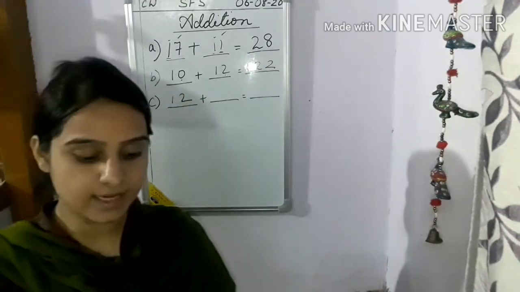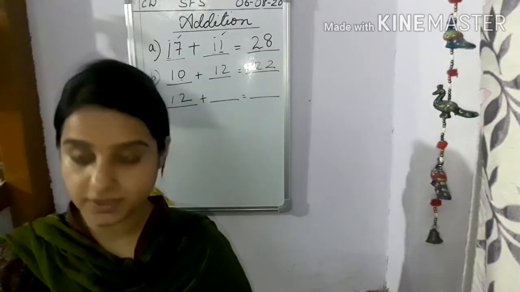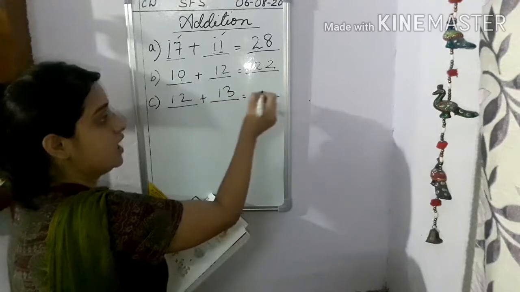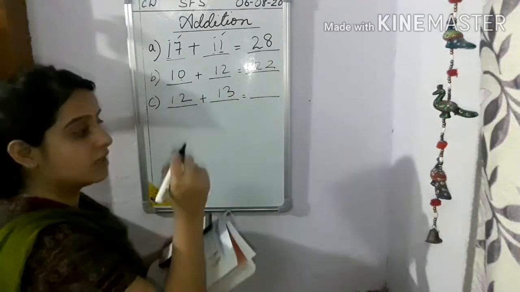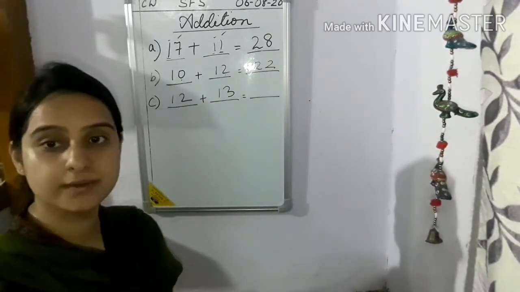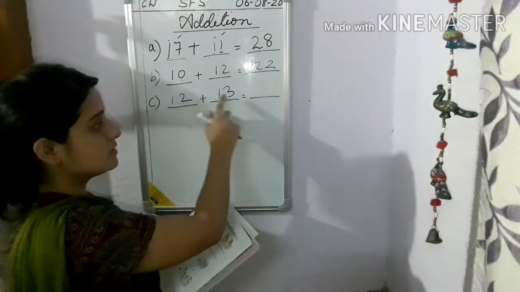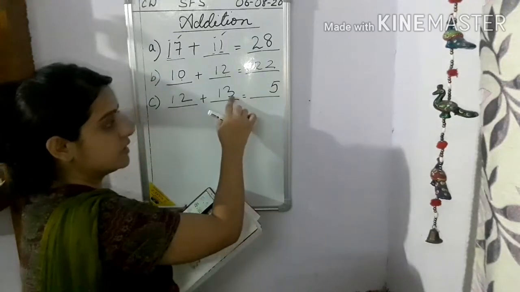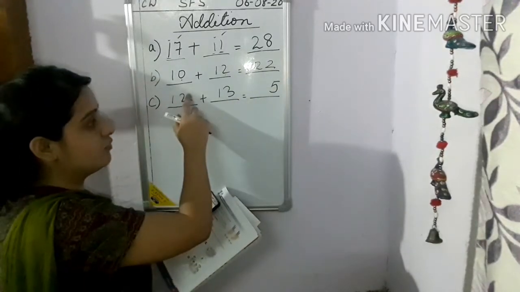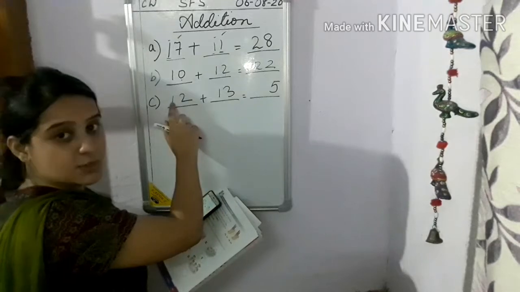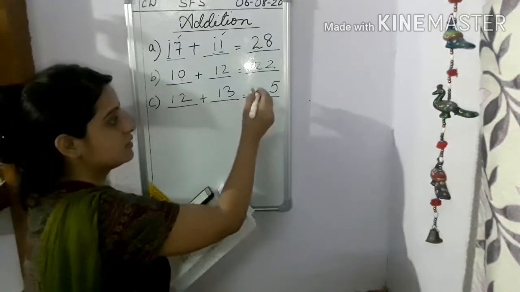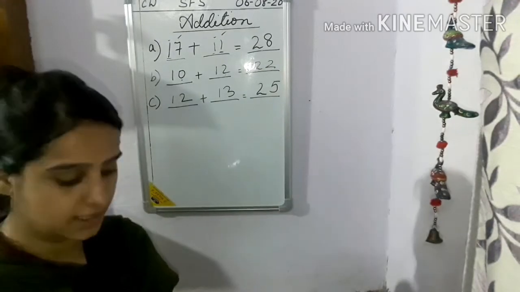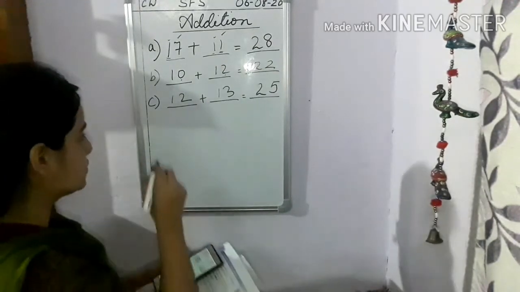Plus, then how many faces are there, children? 13. Total, how many faces will be here? Write down the answer in the book, children. 2 plus 3, you get 5. Keep 3 in your mind. Then 4, 5. Then in tens place, 1 plus 1, 2. You get 25. Clear?